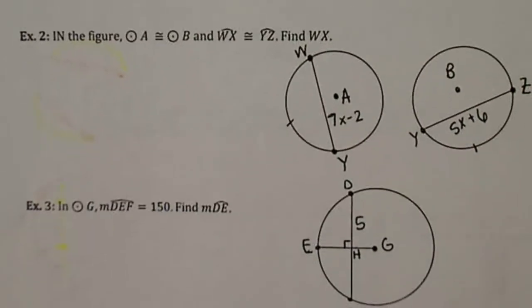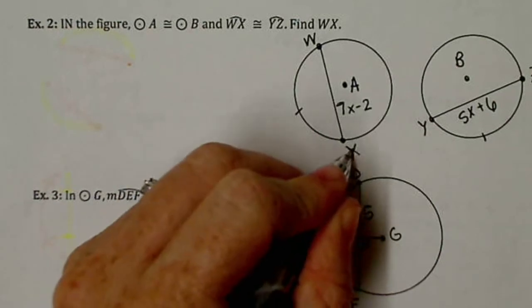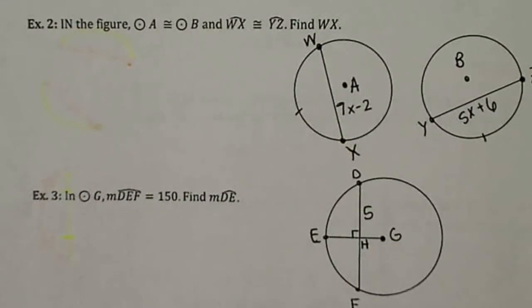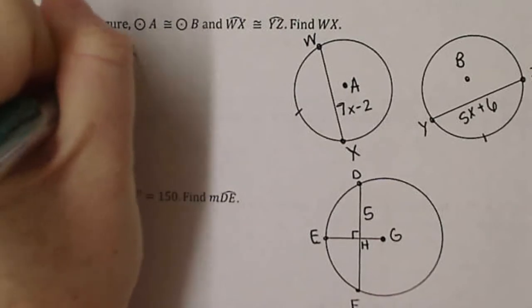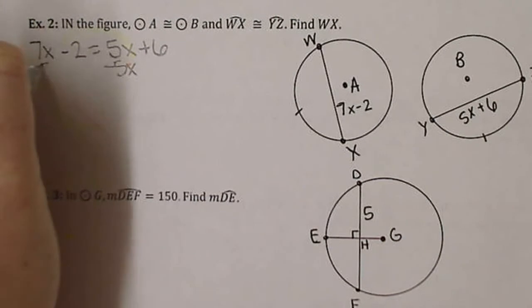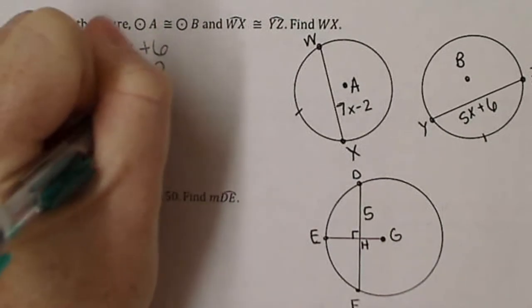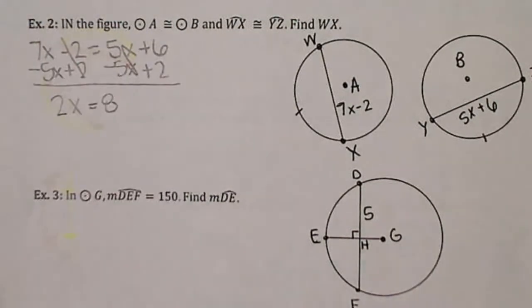Alright, in example 2, here we have two circles that are both congruent, and we know that these two chords are also congruent. Find WX, and Miss Holbert forgot to make an X. I made it a Y instead. Since we know that they are congruent, let's set these two chord measurements equal to each other and find X. So minus 5X from both sides, add 2 to both sides, we get 2X equals 8.